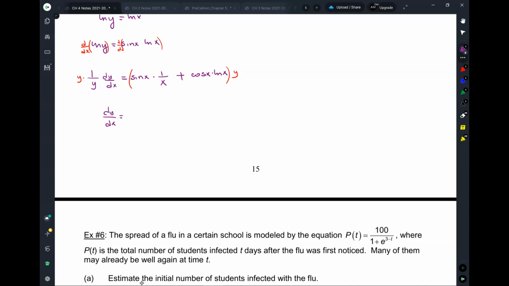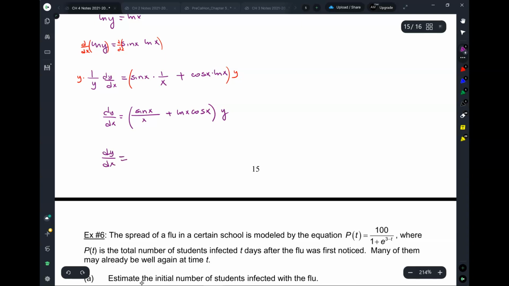I'm not done yet. dy dx is, look, here, sine of x times 1 over x, I'm going to condense it and write sine of x over x plus ln of x cosine x, the order there doesn't matter, times y. And what is the y? x to the sine x. So you know what? I'm going to write that in the front here. x to the sine x.